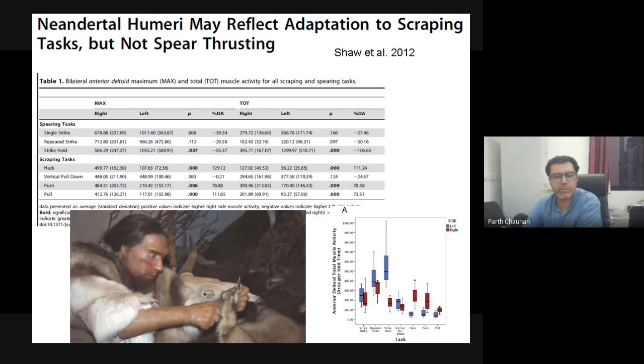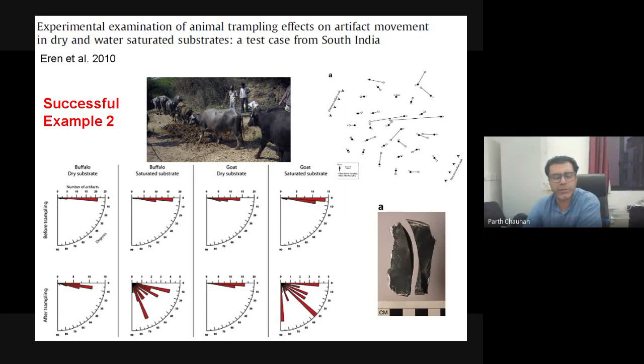Another case study, this is important because I would like you to know that experimental archaeology doesn't always take place in the lab. You can also do experimental archaeology outside the lab, in the field. For example, here the researchers looked at experimental stone tools and their impact by trampling of animals.